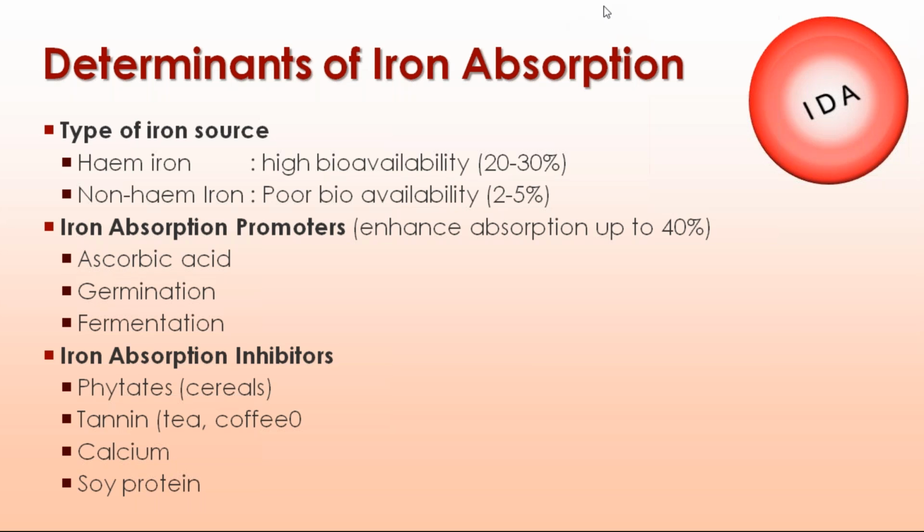Whereas there are inhibitors of iron absorption, specifically the phytates. They are present in cereals. Most cereals have phytates. And tannin, in tea and coffee, there is tannin. Calcium and soya proteins also. If you take an iron tablet along with coffee, the absorption is very, very limited.